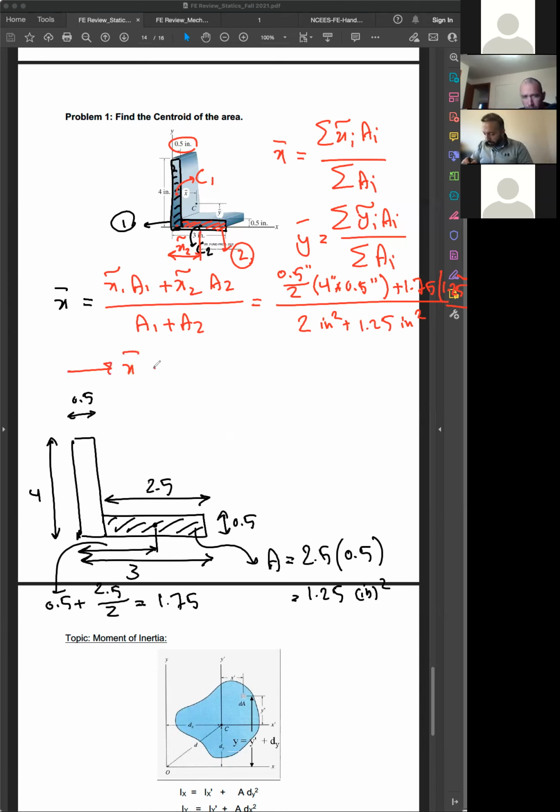All right. The x bar for this would be equal to, all right, the number I have found is 0.83. This is the location of x bar.